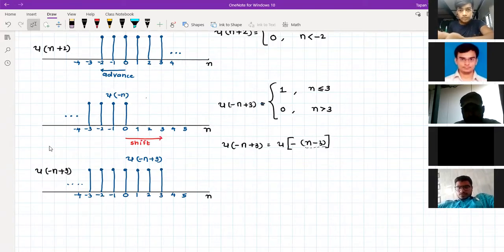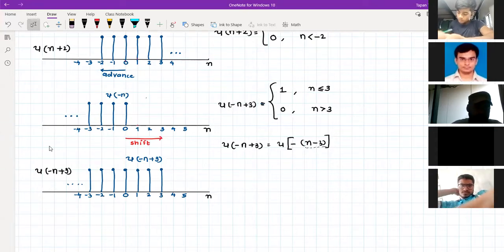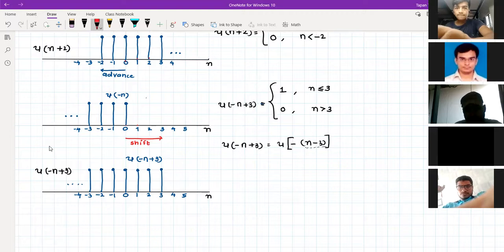That means the value of 0 is multiplied with value of 0 here. The value of 1 is multiplied with value of 1. The value of 2 is multiplied with value of 2 here. So look at the first waveform and third waveform and tell me what will be the resultant one.